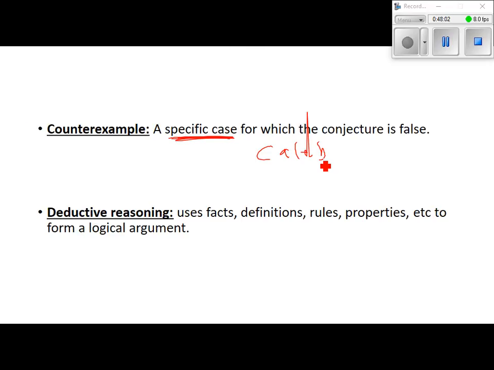If I said all students in Geometry Brown 3 class are 15 years old. Is that not true? Now, you got to give me a counterexample, so what would you do?